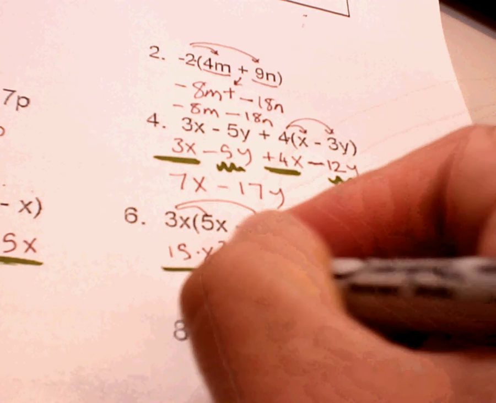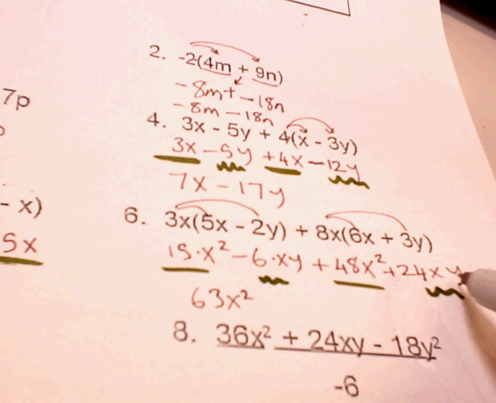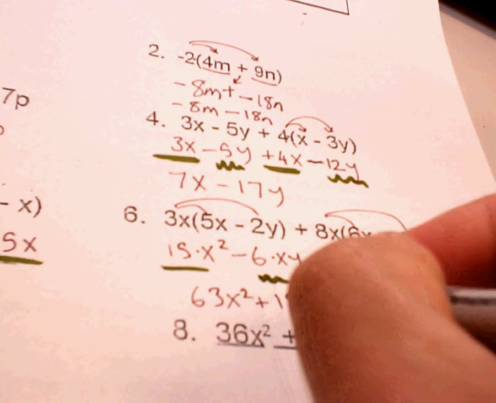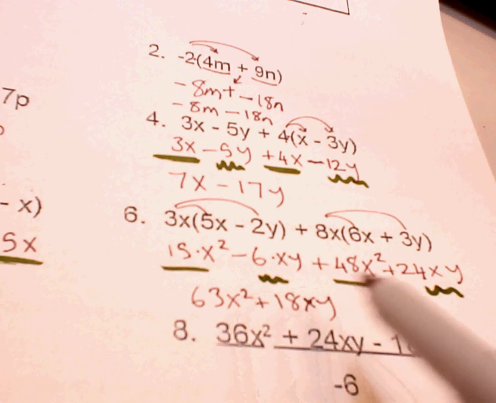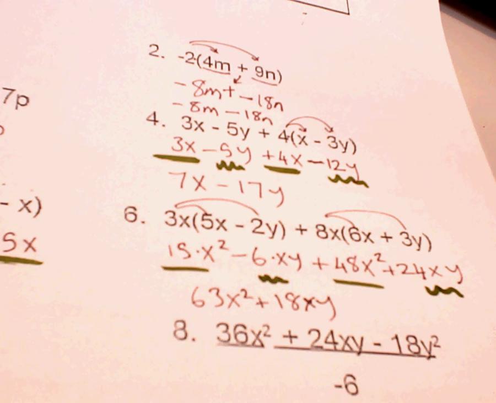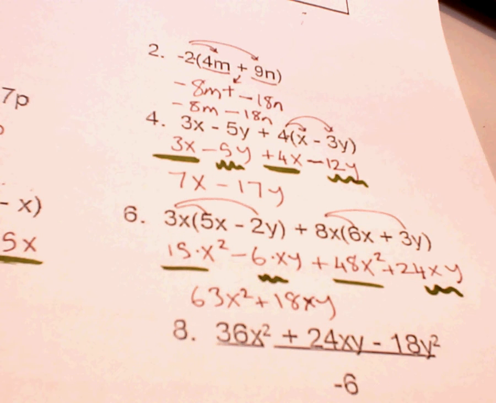That would be 63x squared. Positive 24xy, negative 6xy, that would be positive 18xy. Although these two have a common x, they don't have exactly matching variable sets. So these are not considered like terms, and I cannot combine them any further.